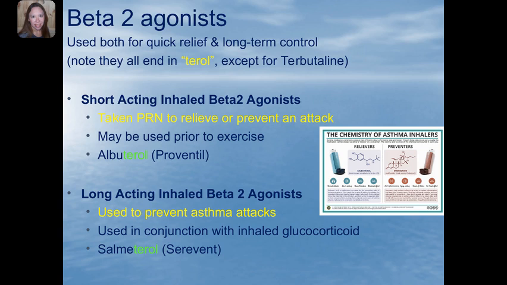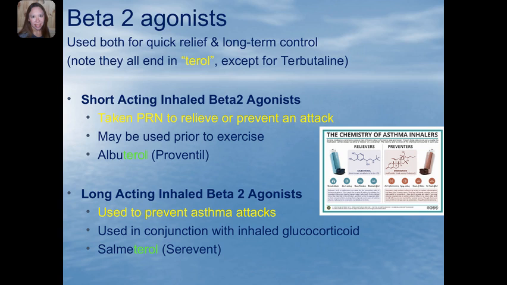There are also going to be long acting medications that are beta 2 agonists. And being that it's long acting, it's going to be used to prevent the asthma attack. It's not going to be used to stop the current attack. So this would be given on a daily basis in order to minimize and prevent the patient from having an asthma attack from one of their triggers.